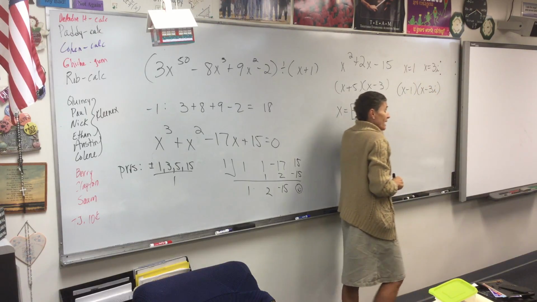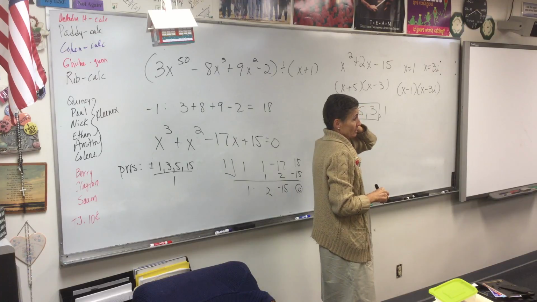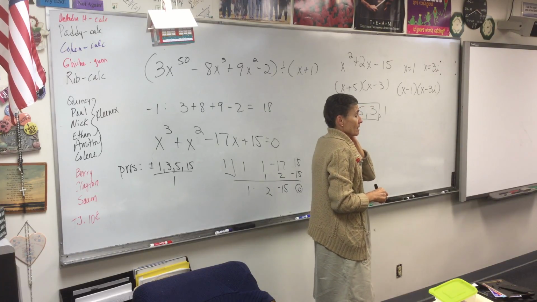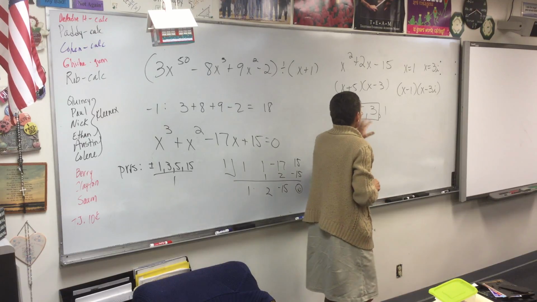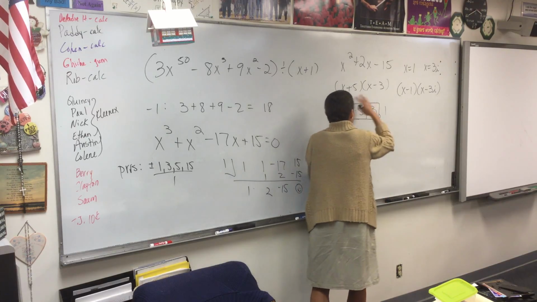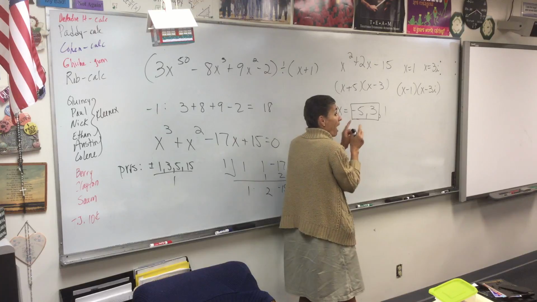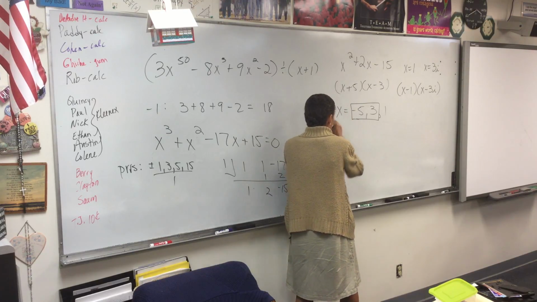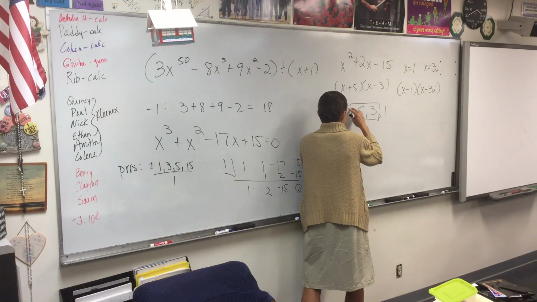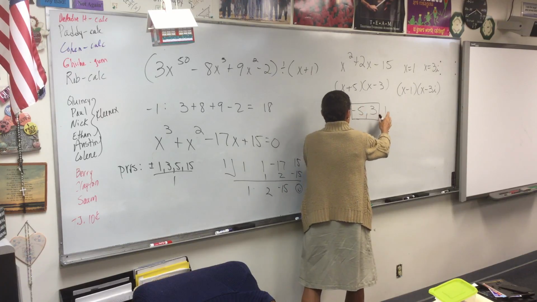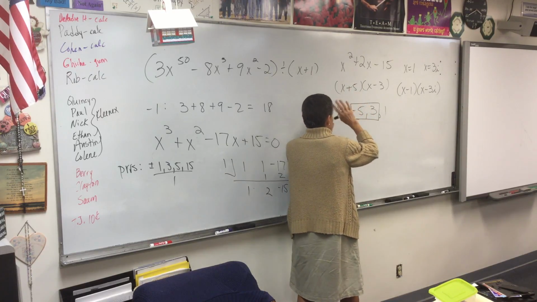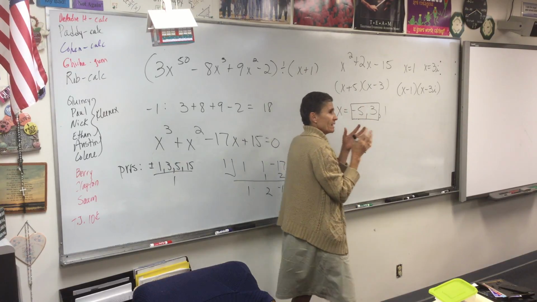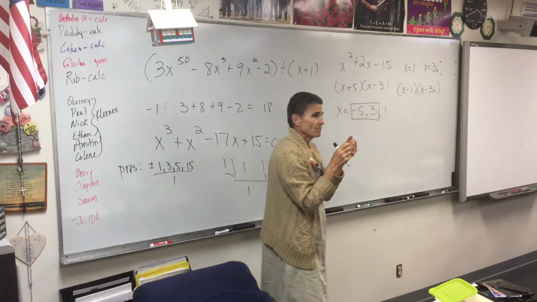Now, there's one more thing I have to add to this, though. A piece of information you need. It didn't happen here, but if we were going to have a problem that had i's in the answer, think about it for a second. Under what circumstance would we have guessed 1, it worked, divided it out, but then we didn't end up with negative 5 and 3, we ended up with some crazy answers?